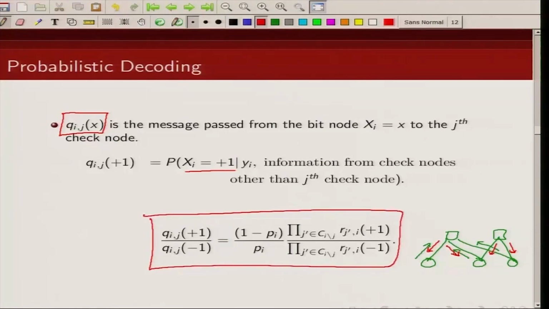So, there are two types of messages, again I repeat, which are being propagated in this graph. One is a message from the message nodes to the check nodes, and then the check nodes are sending some information saying whether these parity check constraints are satisfied or not given the input bit is 1 or 0.